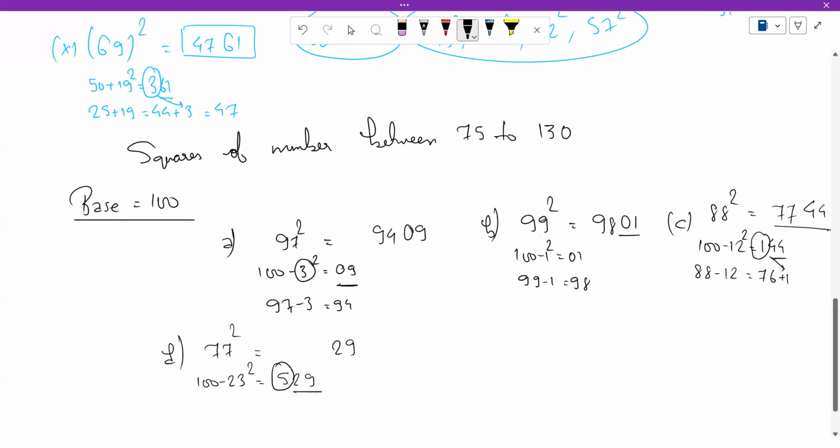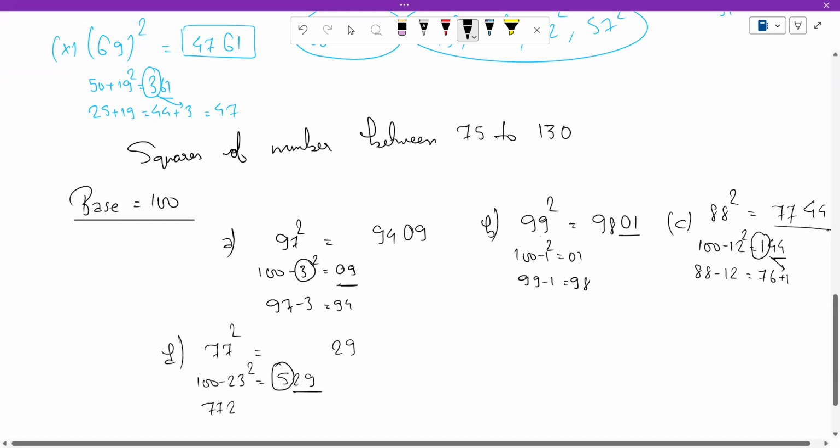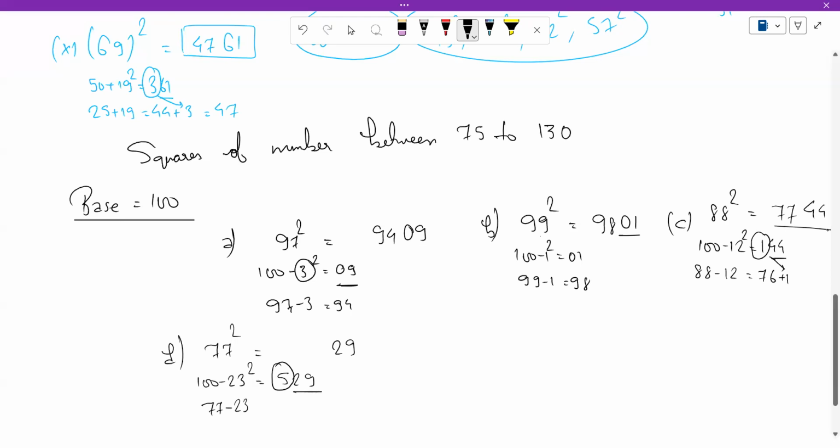Since it is 23 less than 100, I'll subtract 23 from 77. So that will be 54, and this 5 will come here. So plus 5 equals 59. So your answer will be 5929.